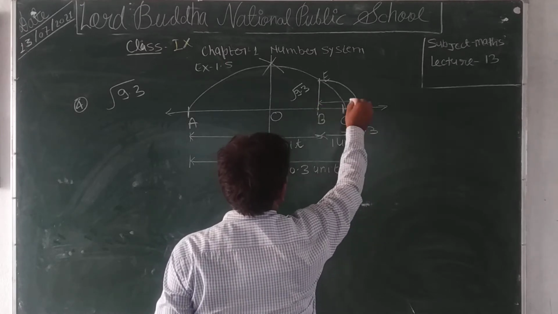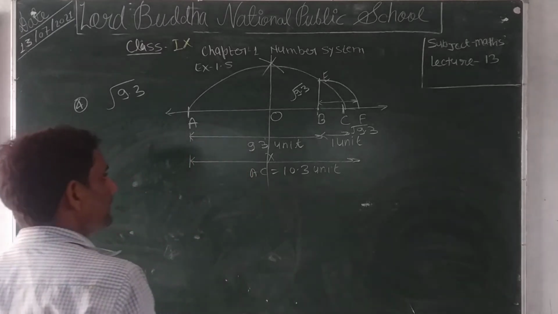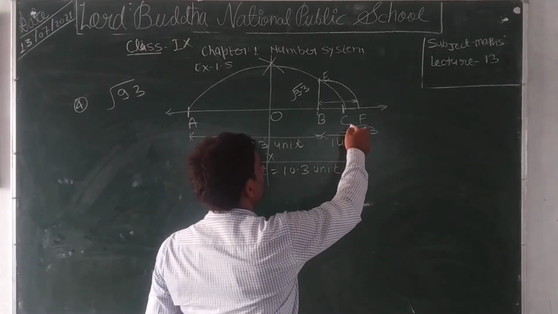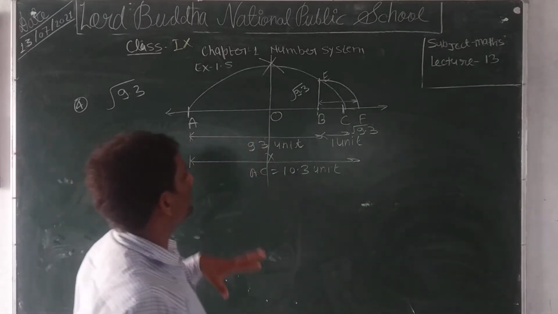This length will be equal to root 9.3. In this way we represent root 9.3 on the number line.